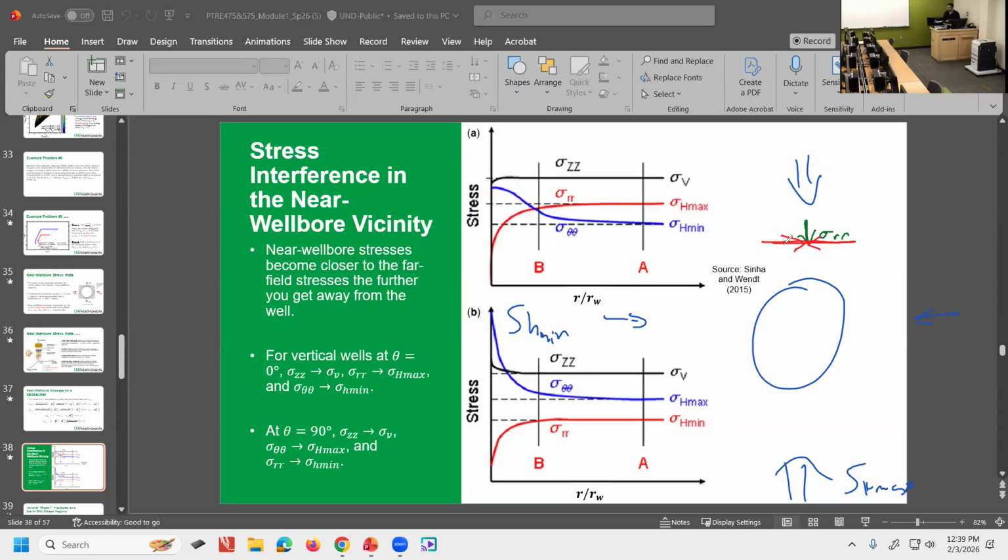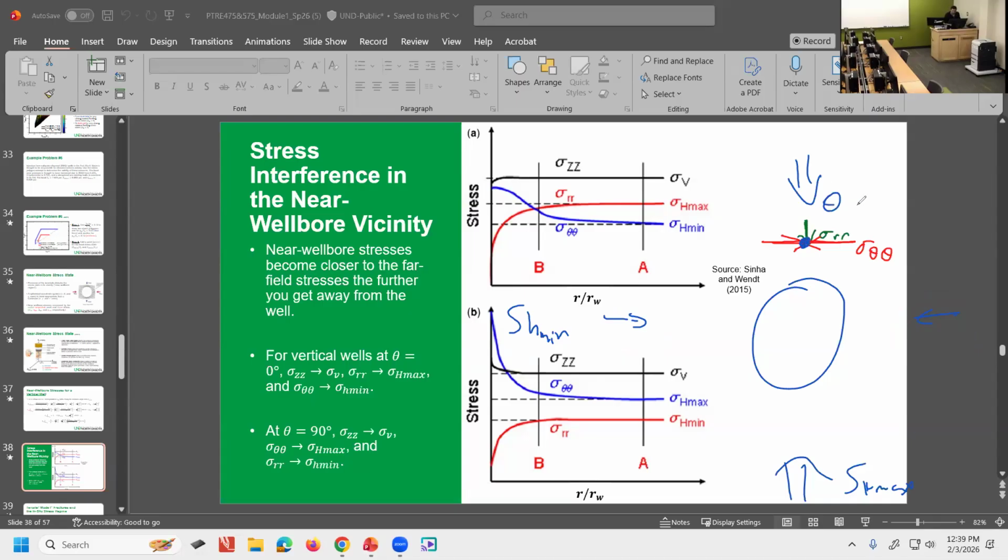Now the red is going to be parallel to SH min. So sigma theta theta becomes the same as SH min, far away enough at angle theta equals 0, and the axial is the same, inside the plane of the paper.